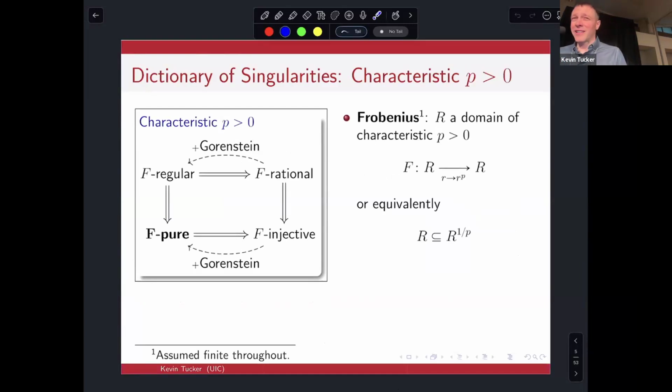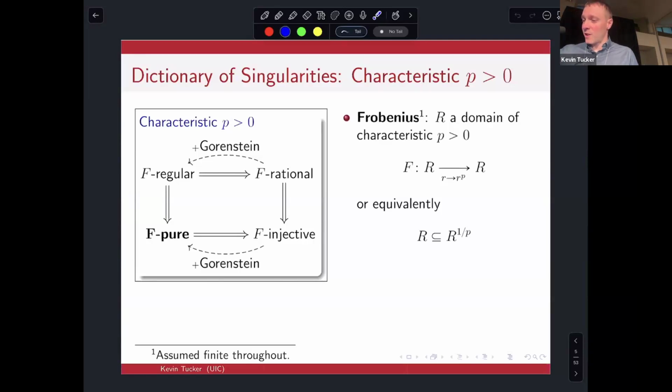Just for the experts in the audience, I'm always going to assume that the Frobenius map is a finite morphism. The four central classes here that mimic those from characteristic zero are F-regular, F-rational, F-pure, and F-injective singularities. Note that they fit into the same implication diagram that we had before in characteristic zero.